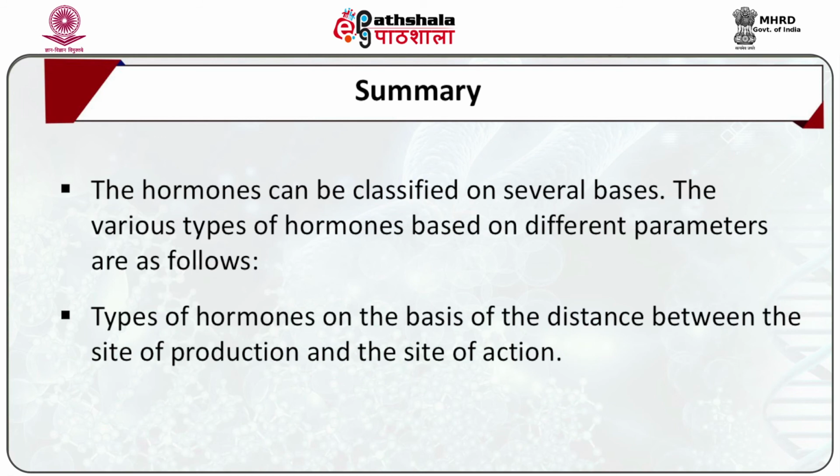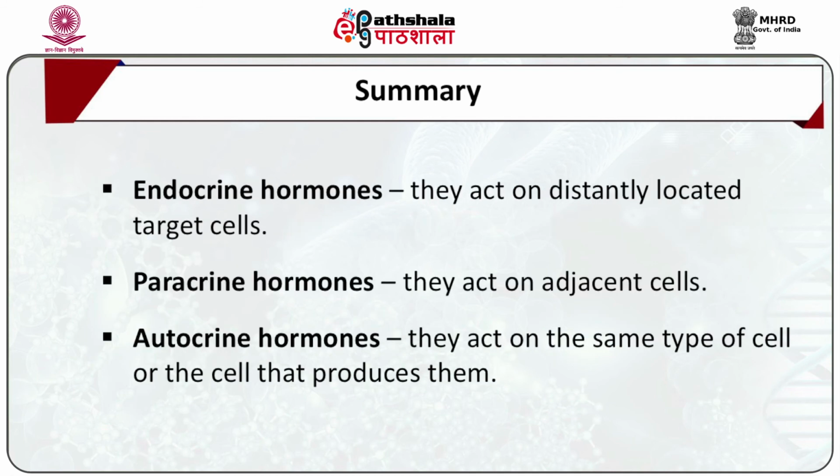Types of hormones on the basis of the distance between the site of production and the site of action, which are endocrine hormones that act on distantly located target cells, paracrine hormones that act on adjacent cells, autocrine hormones that act on the same type of cell or the cell that produces them.